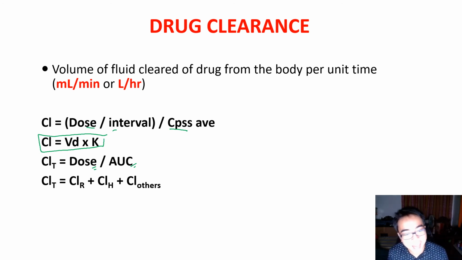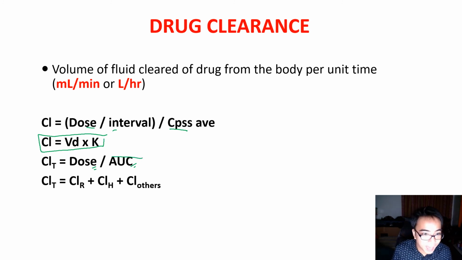Alright? Tapos, class, ito pa nga pala, once you get clearance, you can obviously get VD. Something I want you guys to take note of. Alright? Baka mamaya magbigay ako ng computation for area under the curve. Bibigay ko lang yung dose. So, kayo magkukompute ng K. Sasabihin ko, compute for VD. Remember, class, if you're going to compute for VD, compute for clearance muna using the dose divided by AUC.